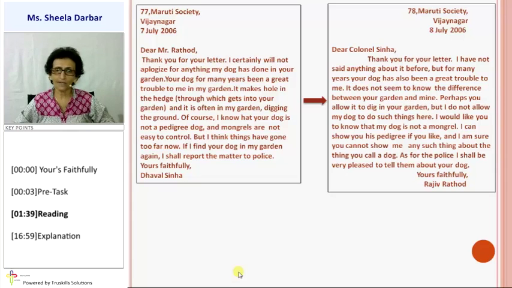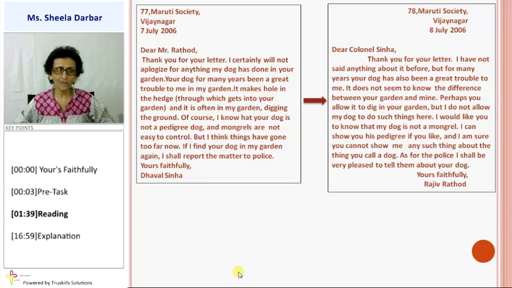And I am sure you cannot show me any such thing about the thing you call dog. So see how stubbornly, how each word is being digested, chewed, and then thrown. I'll read that part again. I would like you to know that my dog is not a mongrel.